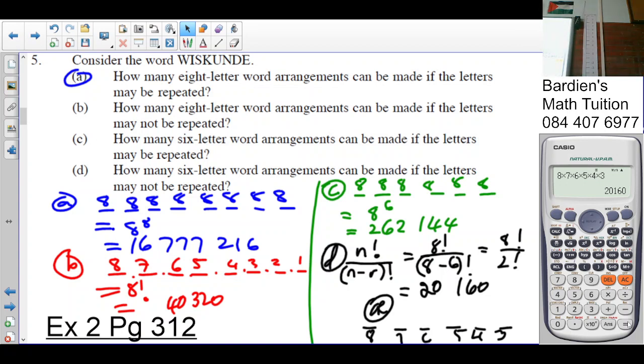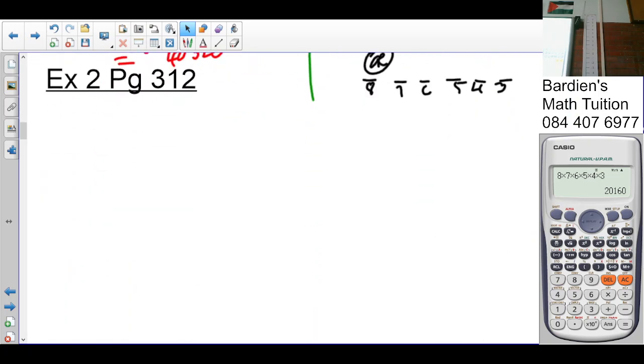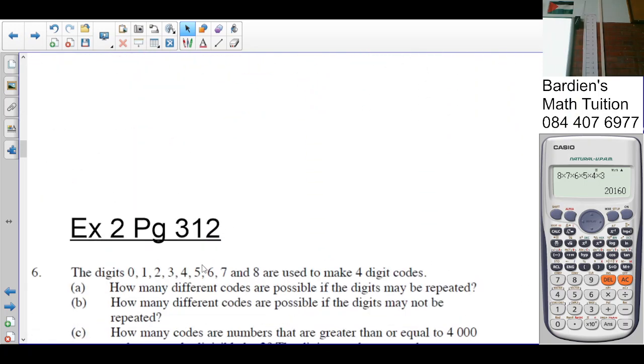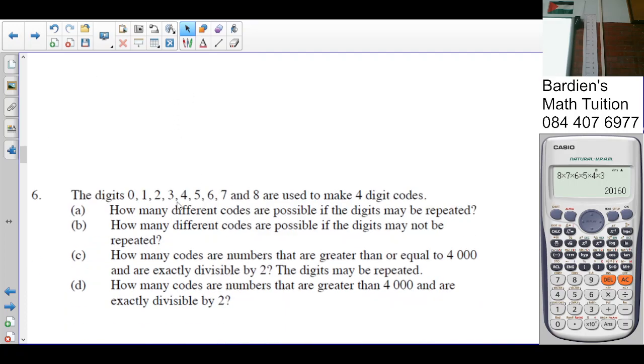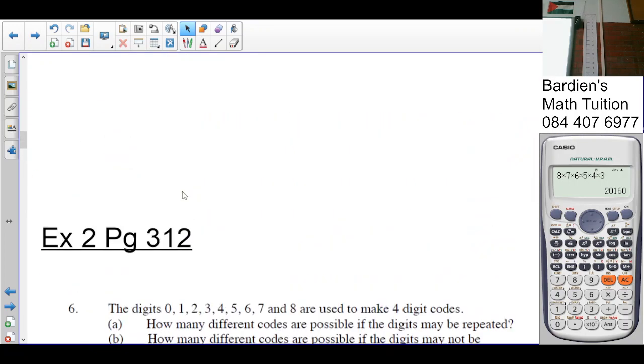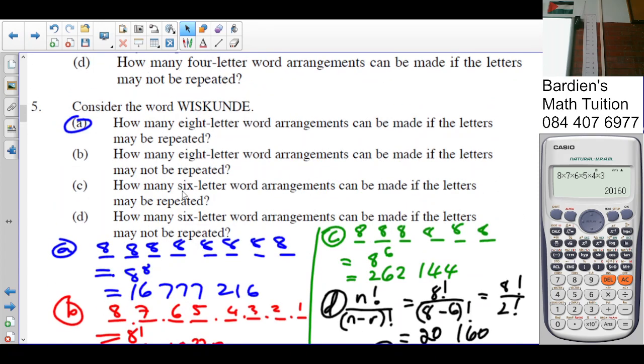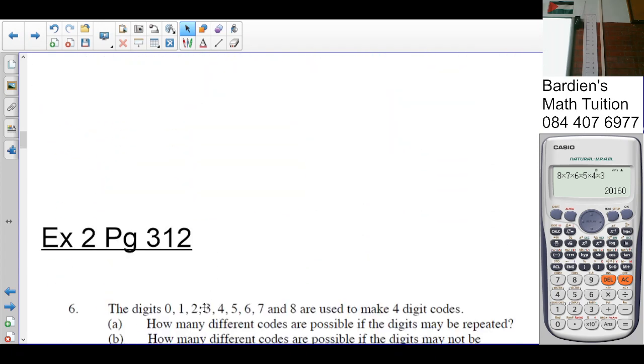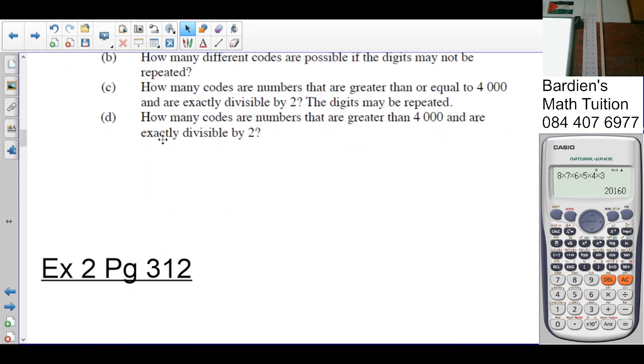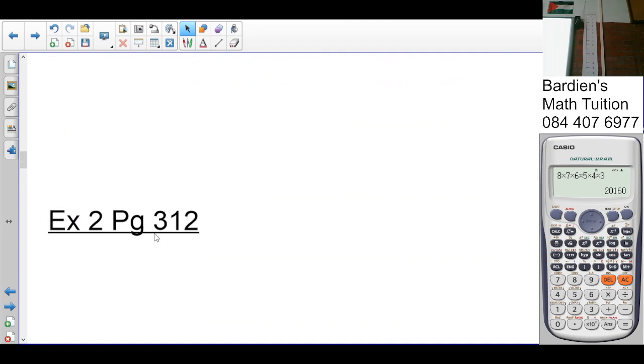Should be correct. Number 6 is the even numbers we're doing. No, odd. So number 6 is again part of the homework. Is there number 7?